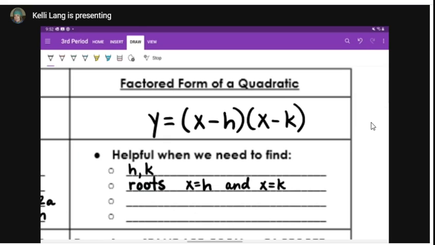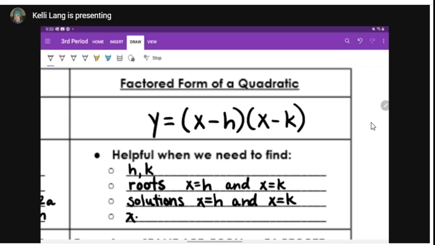We have a lot of other names for roots as well. We can call them solutions. And solutions are written in the same form, x equals h, x equals k. But then also sometimes we refer to these as x-intercepts.